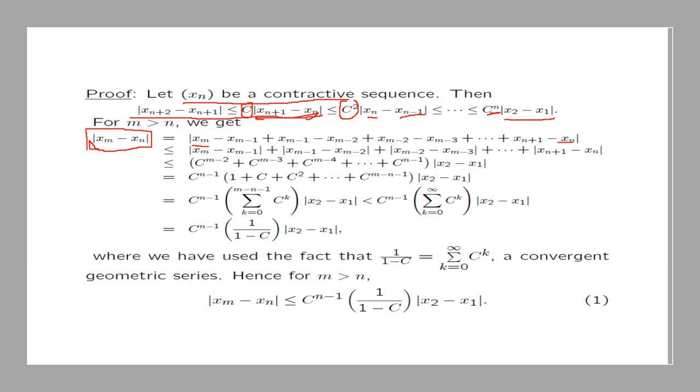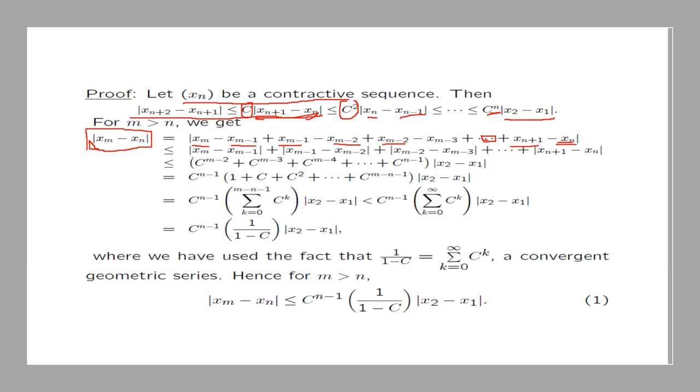Now in between here, introduce minus xm minus 1 plus xm minus 1 minus xm minus 2 plus xm minus 2, up to here, minus xn plus 1, then plus xn plus 1, then you end up with minus xn.